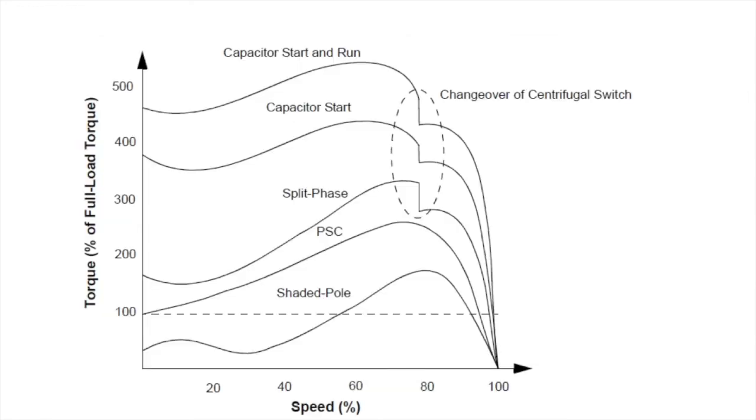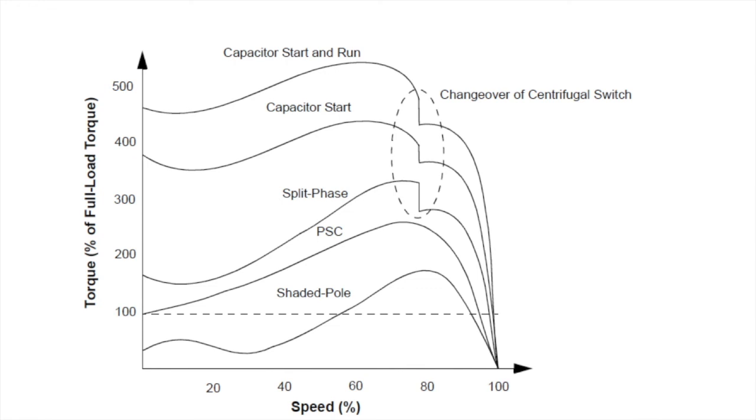So this is the comparison of the different types of motors. What we have studied is the single phase induction motor. The shaded pole has the least value of starting torque and running torque, while the permanent capacitor motor, that is the capacitor run motor, has a higher torque, but it is lower as compared to the other motors.